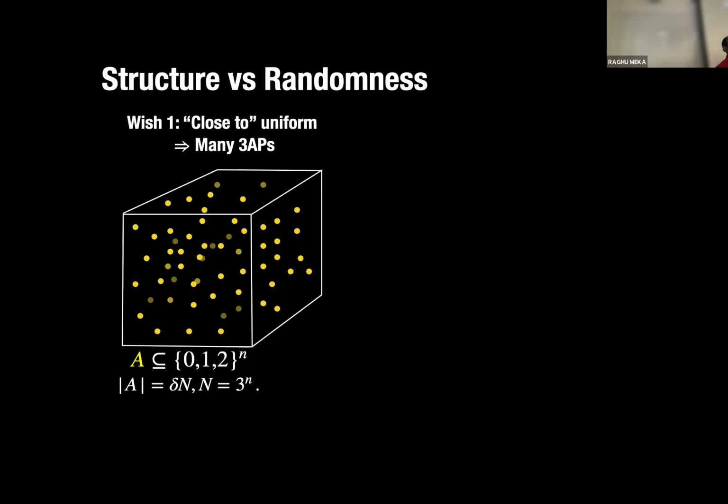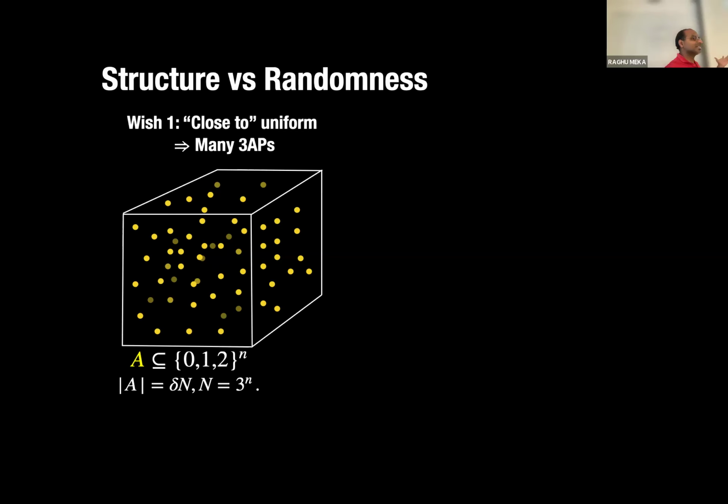Closeness we have to characterize, but maybe even if the set A is close to uniform, this calculation can be made to work and it has many 3APs. So that's wish one.